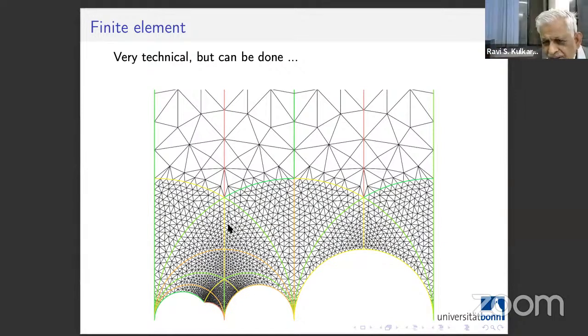But your calculations will depend on the triangulation, right? So there's nothing canonical about it. No, but you can choose, according to the accuracy you desire, the triangulation. I see. And you can basically do an adaptive grid, and people are very, very well used to that in applied mathematics.